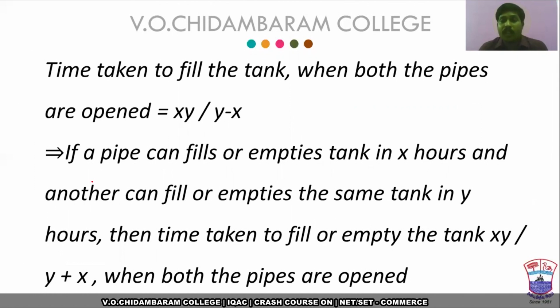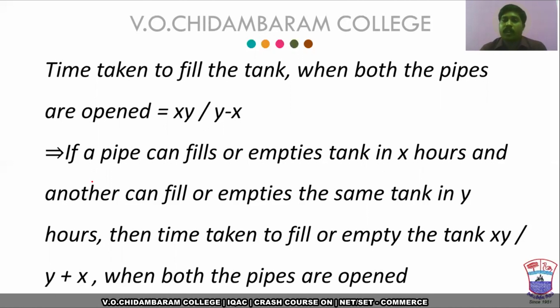If a pipe can fill or empty a tank in x hours and another can fill or empty the same tank in y hours, then the time taken to fill or empty the tank: if both the taps are inlets, the tank will be filled. Otherwise, if both the taps are outlets, the tank will be emptied. So the formula for this is xy by x plus y.